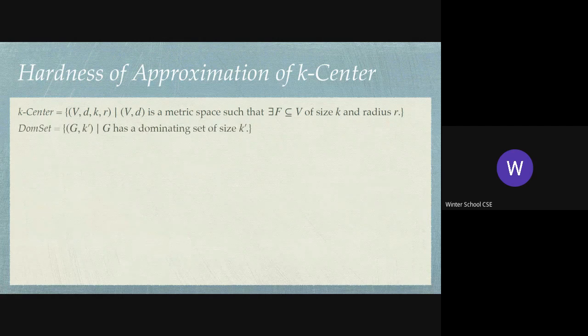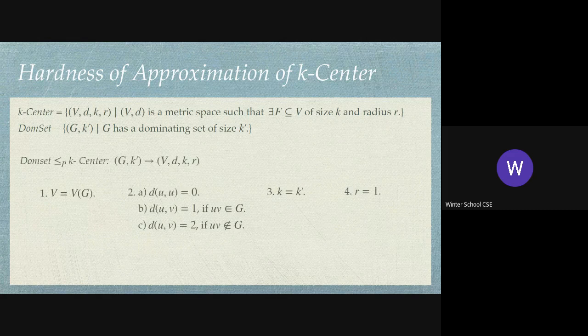Now, if you remember, we gave a reduction from dominating set to k-center. We'll prove this hardness of approximation for k-center using that reduction only. We do not need anything new, it's just a few basic observations. So what was the reduction? We took this instance (G, k') of dominating set, and from that we created this (V, D, k, R).